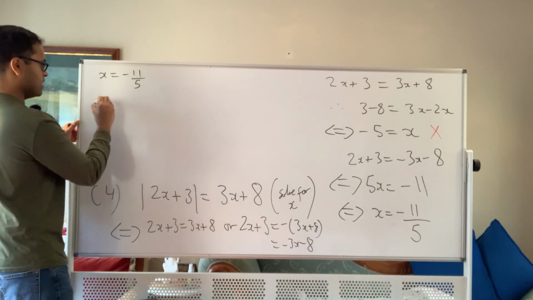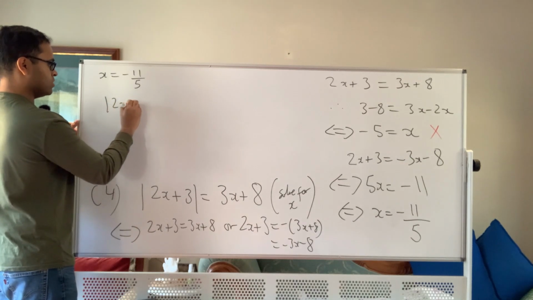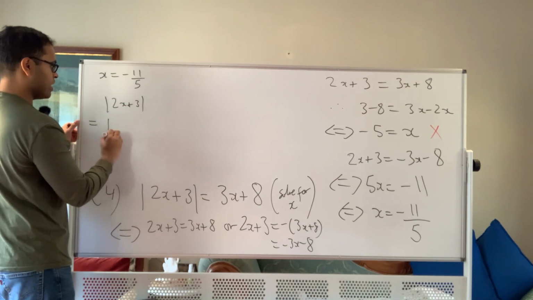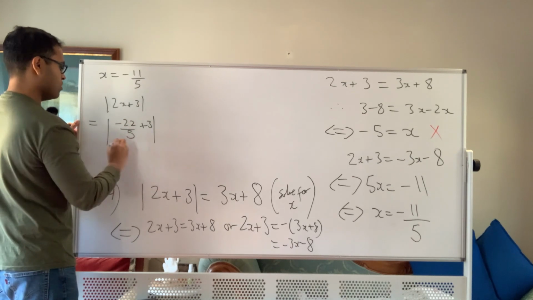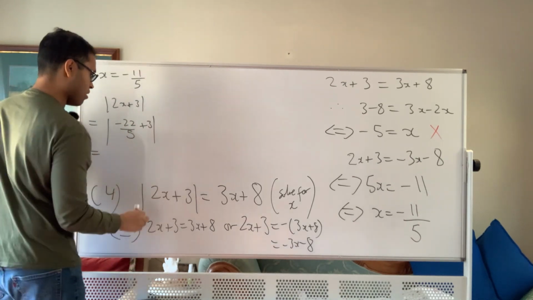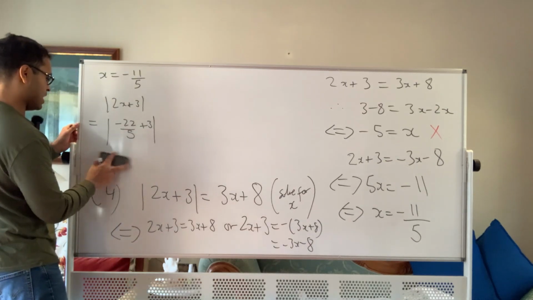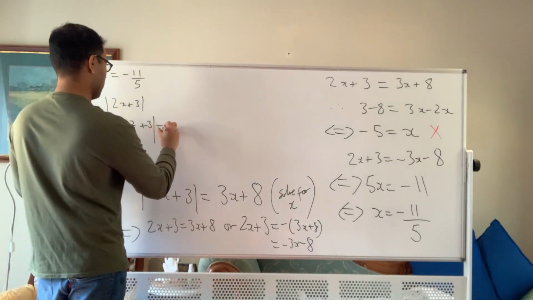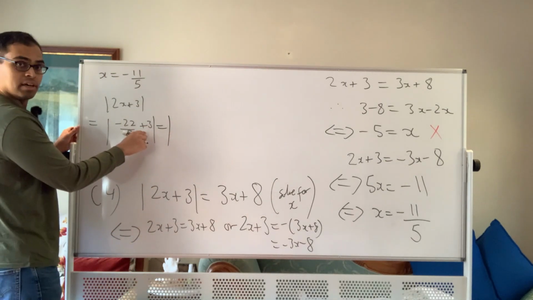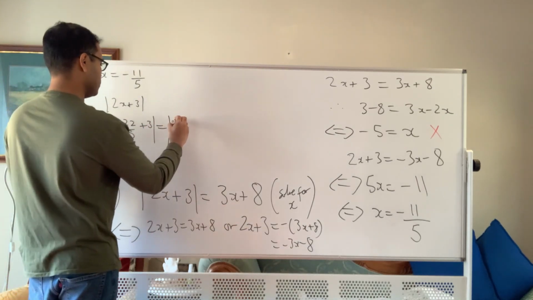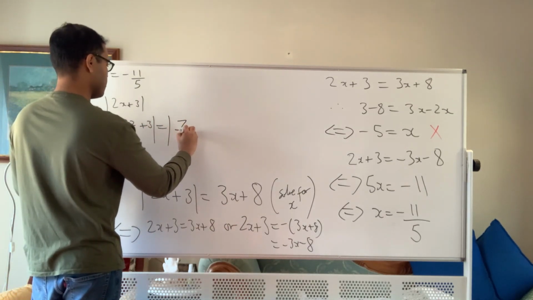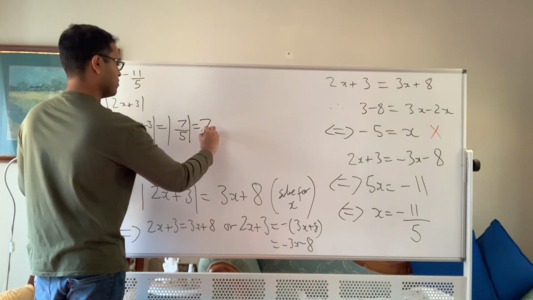Then the absolute value of 2x plus 3 is equal to the absolute value of minus 22 over 5 plus 3, which is the absolute value of minus 22 plus 15 over 5, which is the absolute value of minus 7 over 5, which equals 7 over 5.